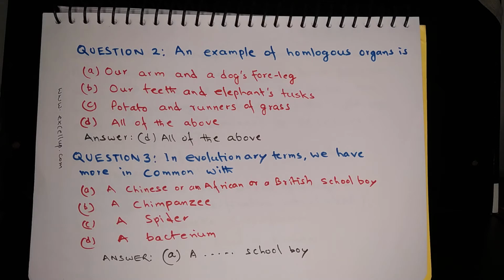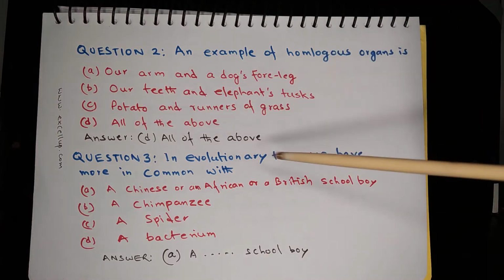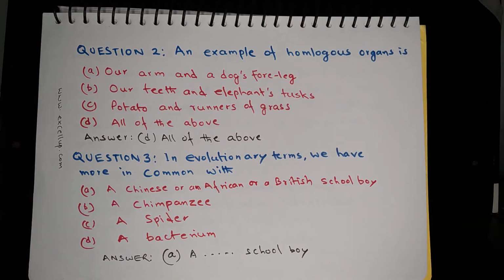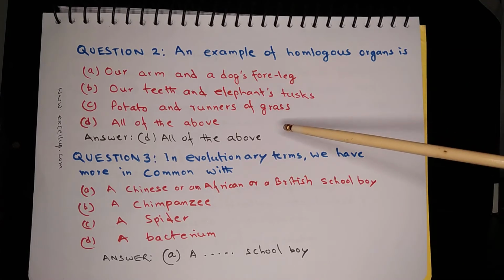So these are homologous organs. Teeth of human beings and the tusk of elephants, although they serve different purposes, have similar origins. Similarly, potato and runners of grass are modifications of stem. All of them are stems, and that is why the correct answer will be option D, that is all of the above.